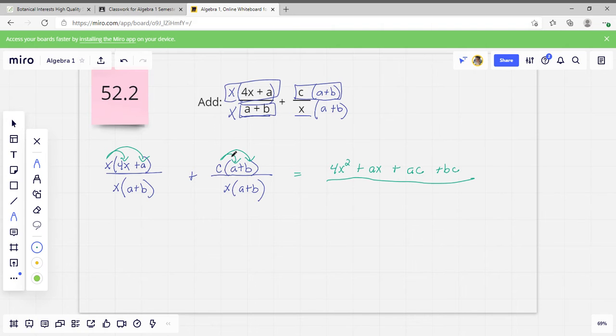Now, these two are the same, so that would be x times a plus b, but let's go ahead and distribute that. So it would be x times a, so that would be ax plus x times b, bx.